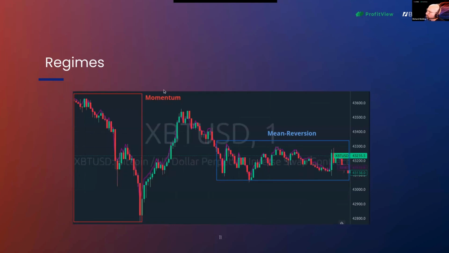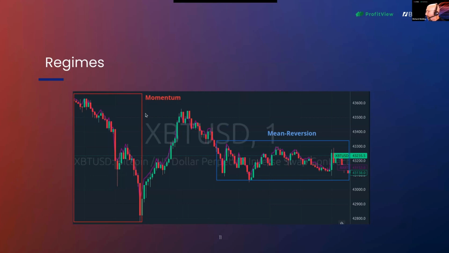Now, when you write a bot, when you write an algorithm, you need to keep an idea of what trading situations your bot is going to be useful in, because you can't just put it on and think it's going to work in any situation. For instance, we've had some run-ups of Bitcoin recently, so the price was ascending for some period of time, and that's called momentum.